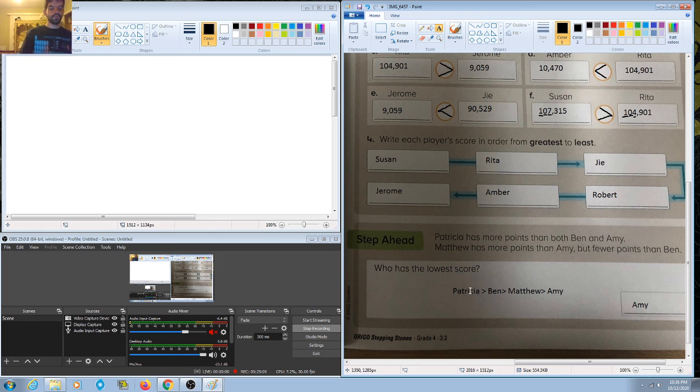Patricia had the highest score because her point value was greater than Ben and Amy's. Ben has a greater score than Matthew's because Matthew has fewer points than Ben. And Matthew also has more points than Amy, so his score is greater than Amy's. That allows us to determine that Amy is the one with the lowest score.